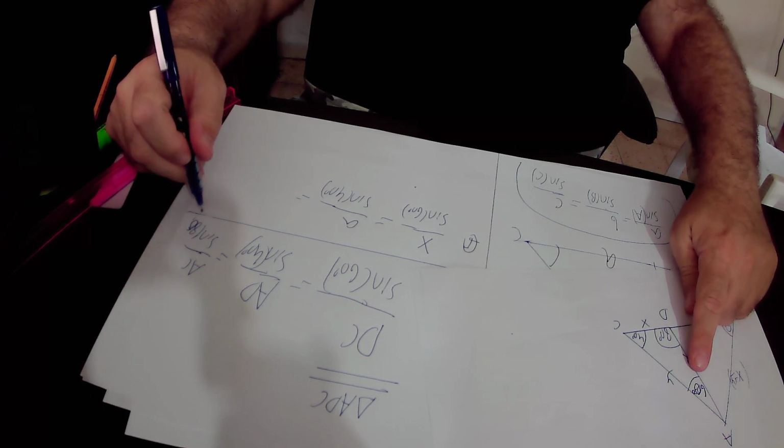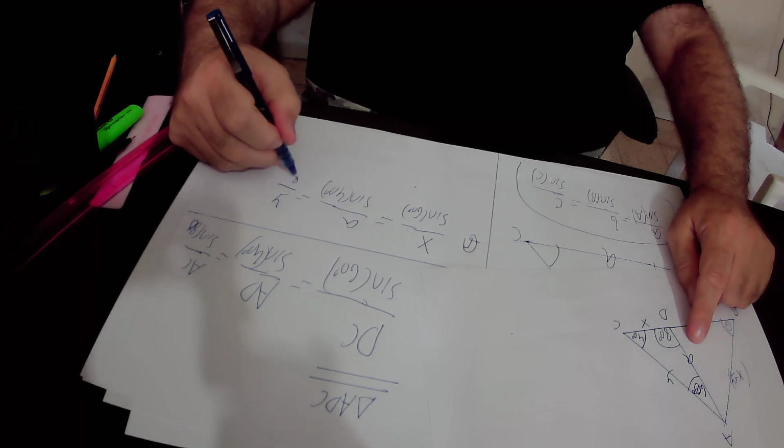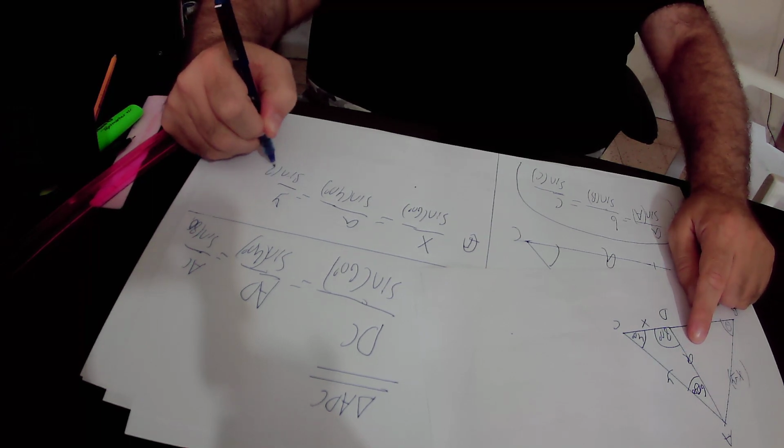AC is y, so we substitute it, y over sine 80 degrees.